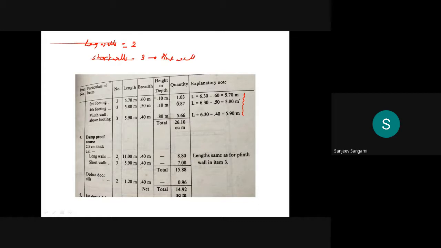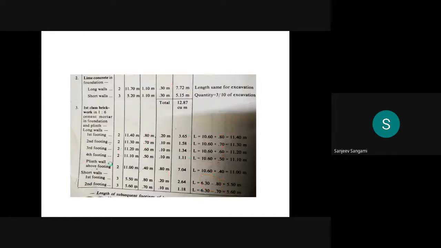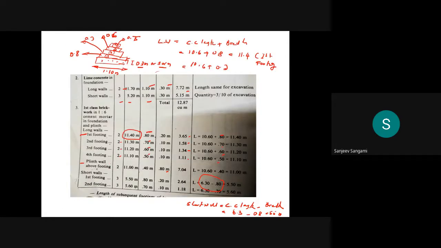Then let's move on to the DPC, that is damp proof course. See, normally the long walls are 2 and the short walls are 3. And remember, it is the 11 meter. Why has he considered 11 meter, very importantly? Because DPC you are applying for only what?